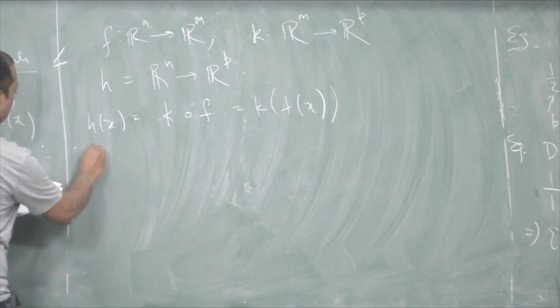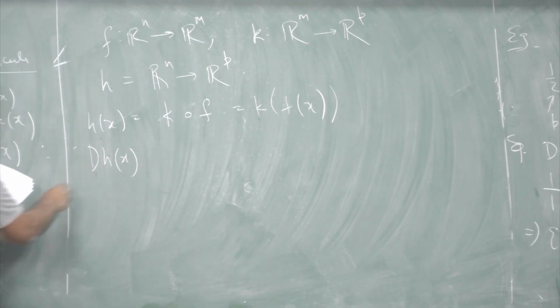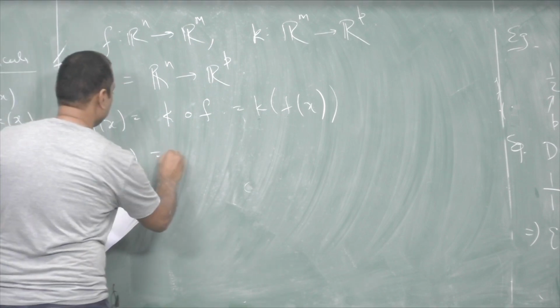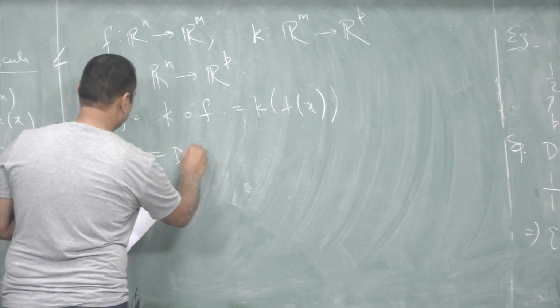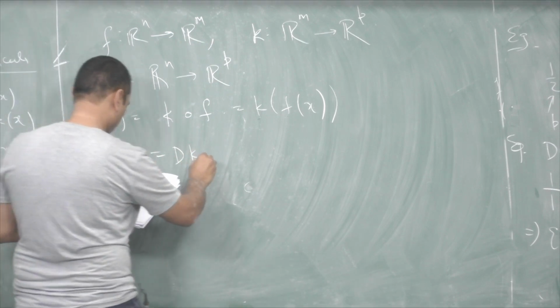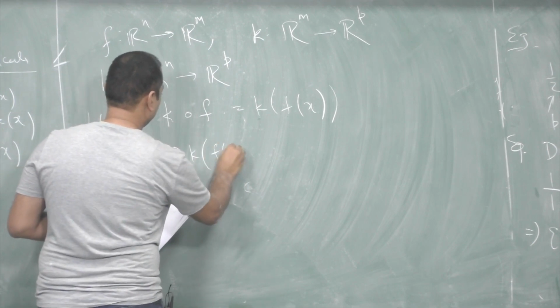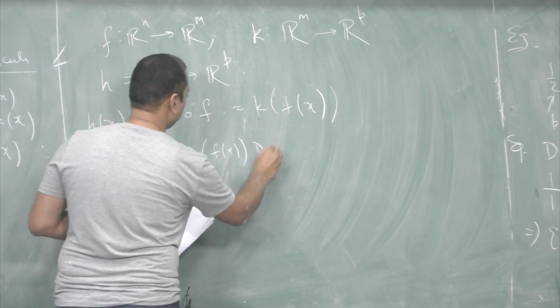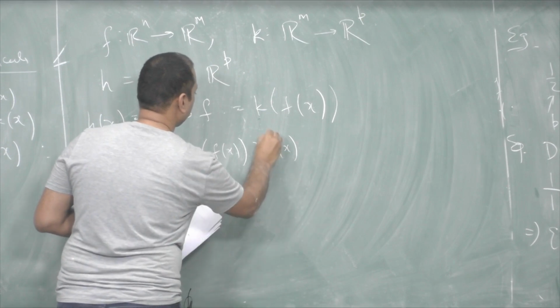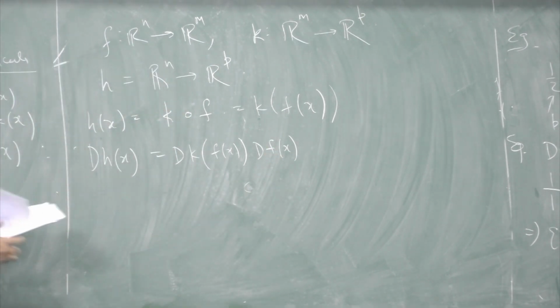So if we have to do dH/dx, so let us say this is the notation for the derivative, then we have d of K of f(x), and then d of f(x). Okay.